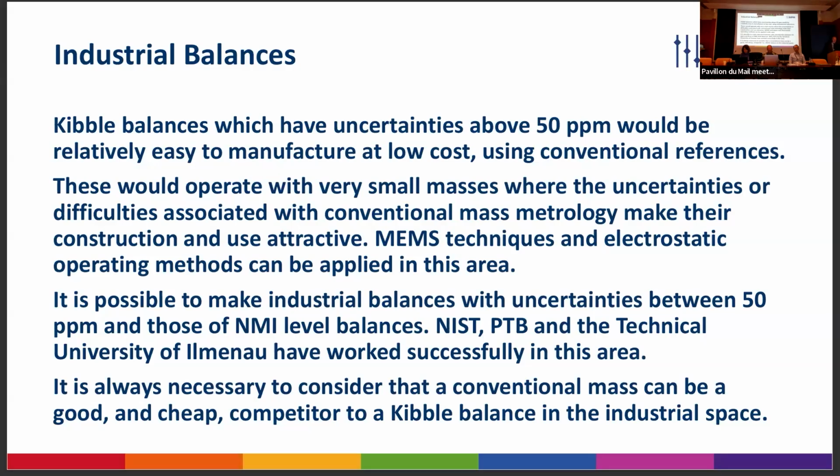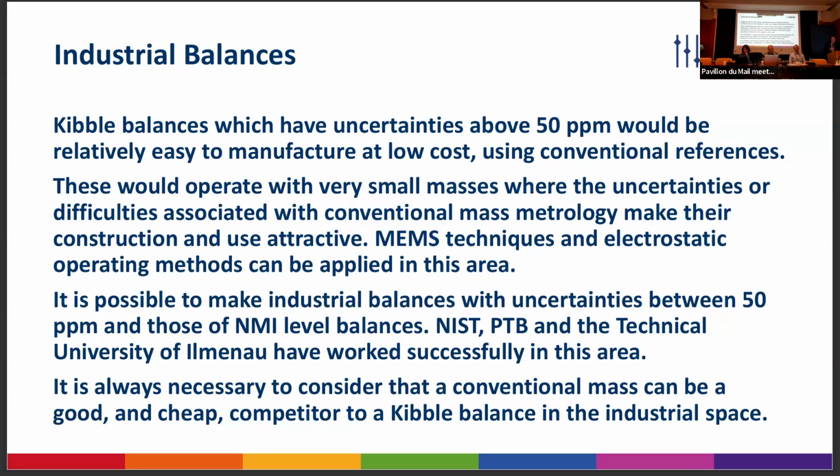I talk a little bit about industrial type balances, and what I've said is, if you've got uncertainties above 50 ppm, that means you're really aiming at masses that are very, very low. You can easily manufacture balances using conventional references. There is a region between that and the NMI balances where you can go, but the cost starts to rise, because you can't absolutely depend on conventional references to stay stable.